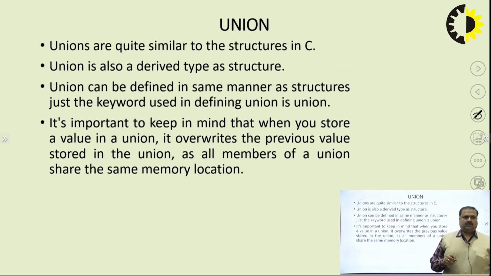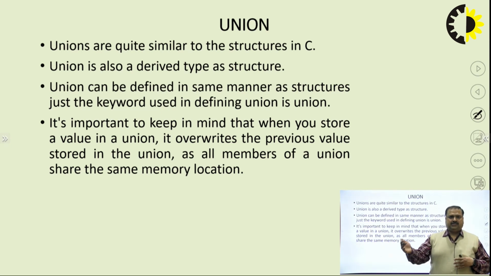Okay, so unions are quite similar to the structure in C in terms of declaration syntax and accessing syntax. The usage may be different, but the creation is almost similar, as well as the accessing mechanism.